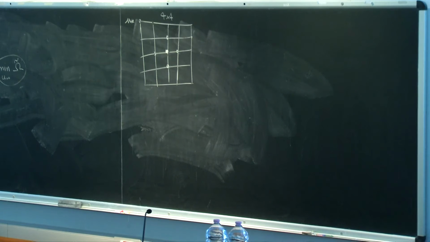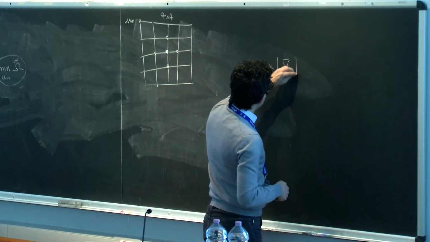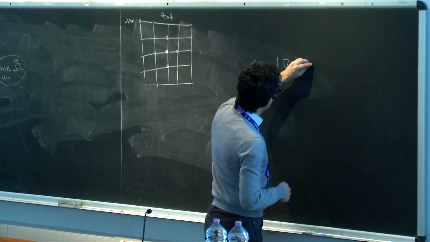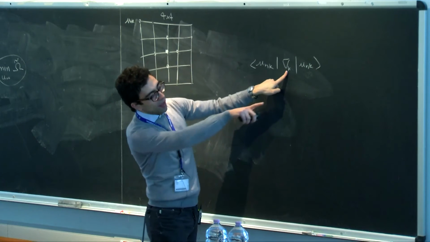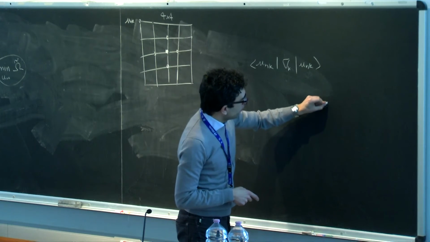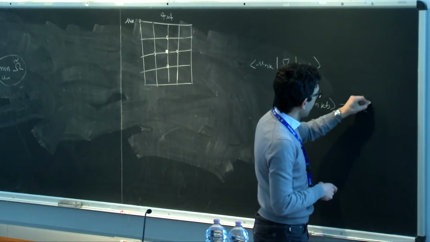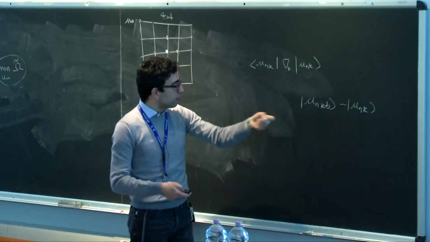And you see that when you do then the sandwich, you have to do, in the end, the gradient of u_nk. This gradient can be expressed as, if you want, something of the form u_n,k+b minus u_nk with some factor to divide by the length.